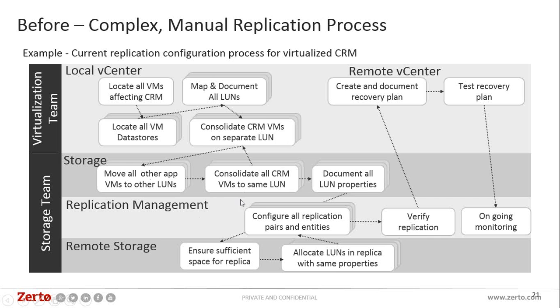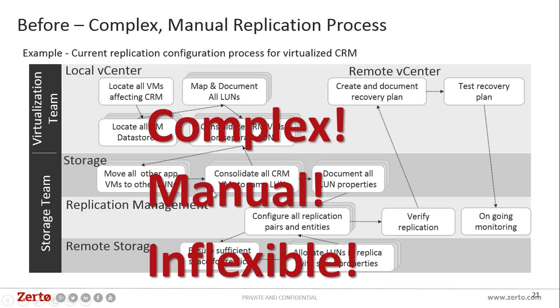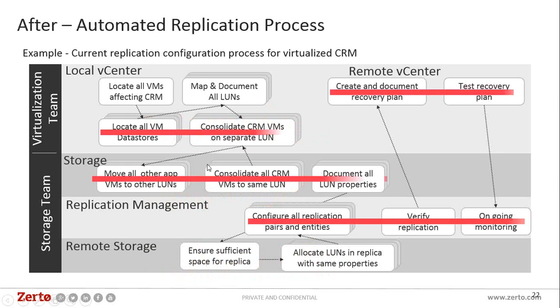And then there's ongoing management and maintenance. So this is a very complex, manual, and inflexible process. Any changes made to the architecture need to be updated in your BCDR plan. That's not an automatic process.